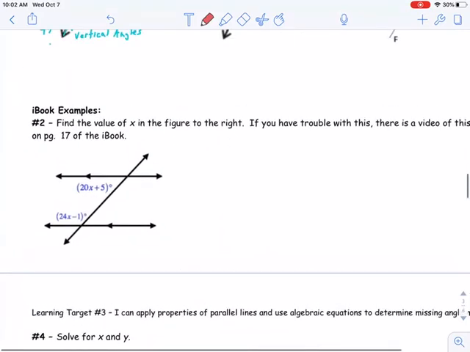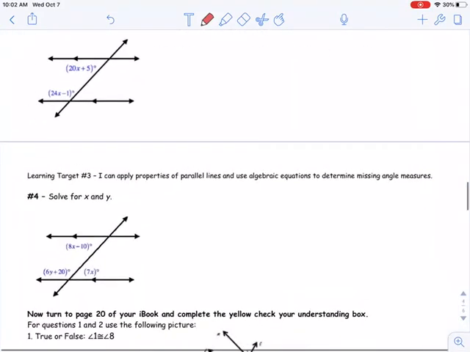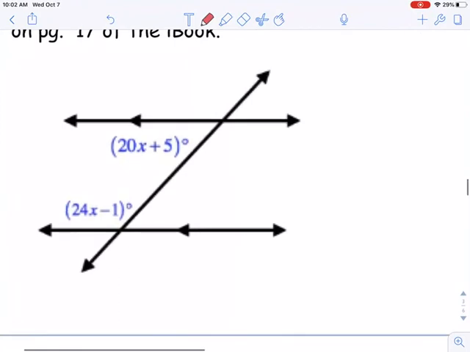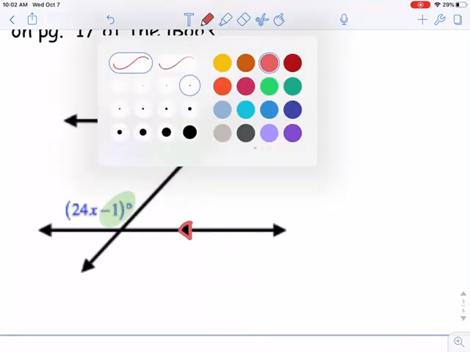So here's another picture. Again, this is kind of a major punchline of the unit, is solving for x. Okay? So again, these double arrows mean parallel. The lines are parallel. So now what we're going to do is, again, I like to kind of emphasize things, figure out really what I got. I got this angle, I got this angle.